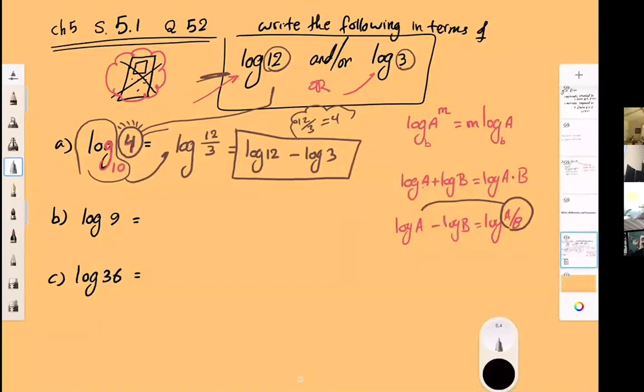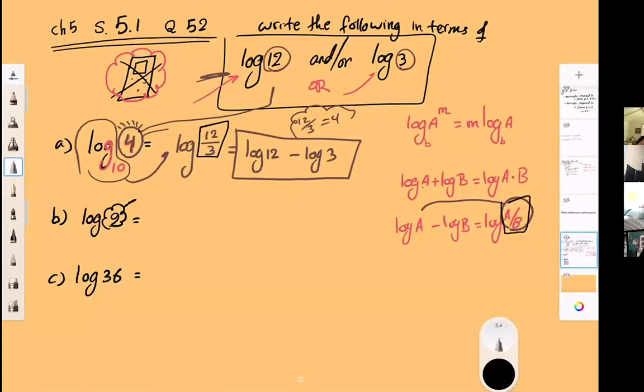Now log of 9. How do I get 9 from 12 and 3? Tamir, how can I get 9 from 12 and 3? I feel like you could use log 3 for that. Okay. Here we said 4 equal to 12 over 3, and we had the formula for a over b.